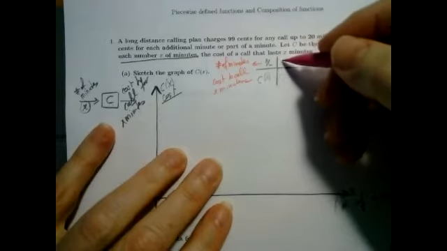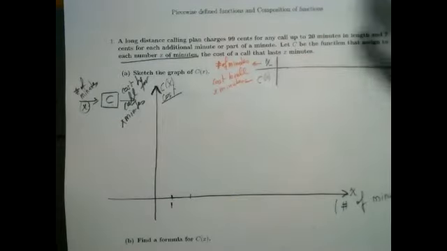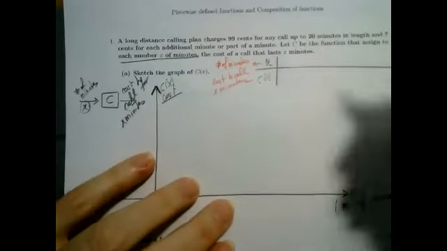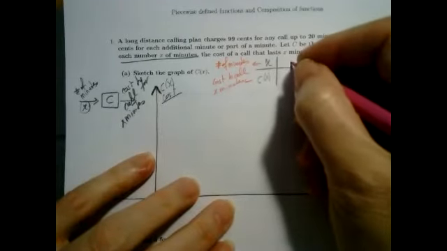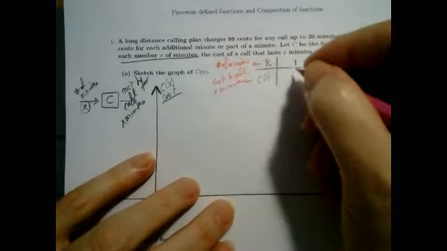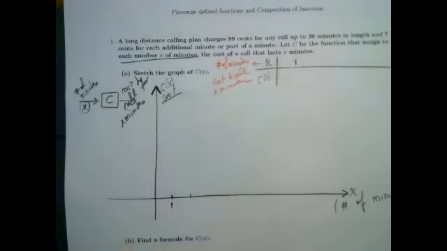If x is 0, it means I don't call. Okay, there is no cost. So you didn't call, so I'm going to skip 0. Suppose I give you x equal to 1. So 1 represents 1 minute.